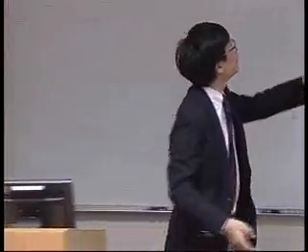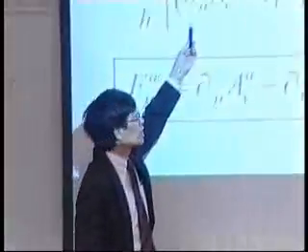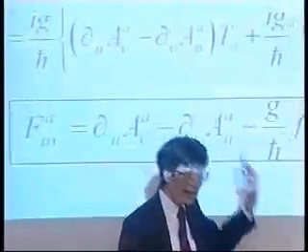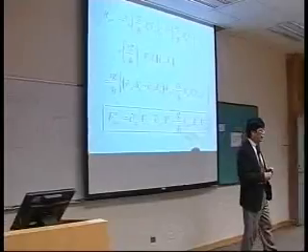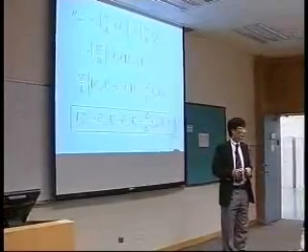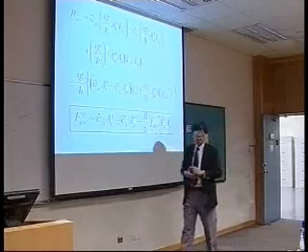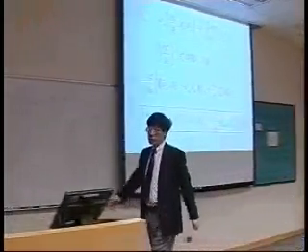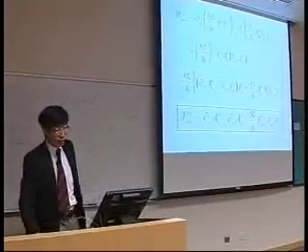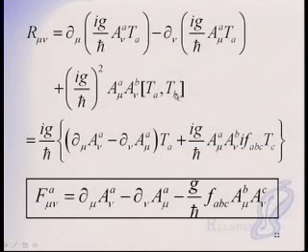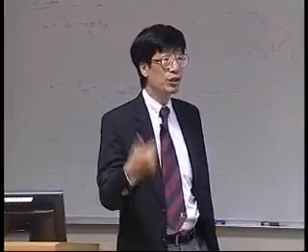This bracket is very much like EM. This is just like the curl, or the anti-symmetric derivative of the vector potential. But now there is an extra term that comes from the commutator of the two T's. So let's write out what this is. [T^A, T^B] is i f^ABC T^C. That's the definition of the structure constant.